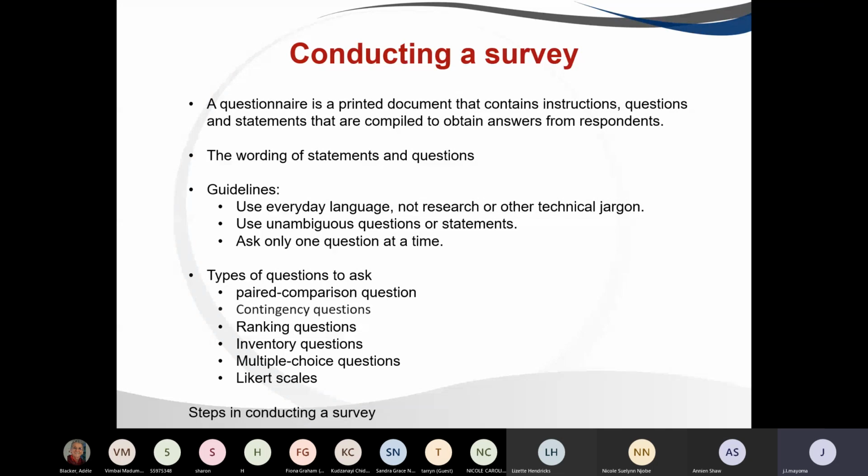So then we've got ranking questions, which are also closed-ended questions, but instead of selecting one option, respondents are required to rank or order the options from least to the most. So this again requires a little bit more from the respondent, a little bit more brain work. You're given a list of options, and you have to rank from what's more important to you to what's least, or what you prefer most.